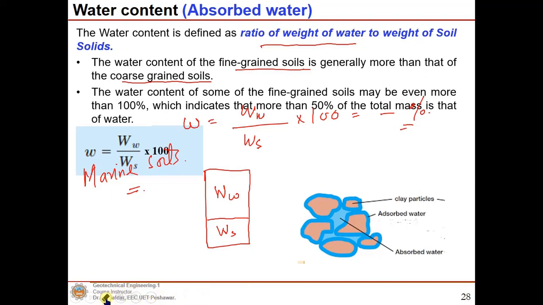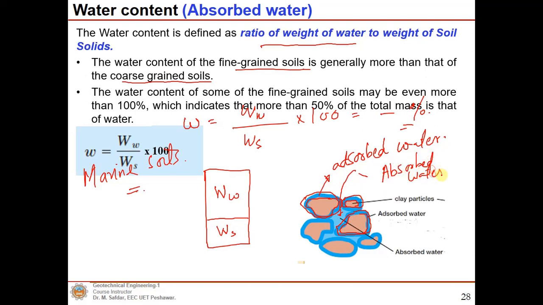The water which makes a film around the particle, this film is known as the adsorbed water, and the water which goes into these pores or the voids, that is known as absorbed water.